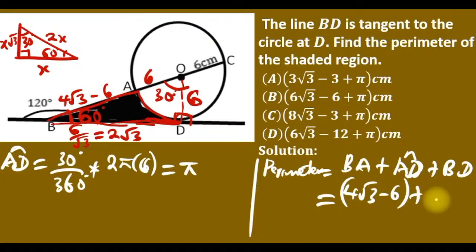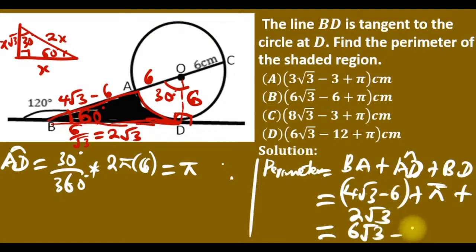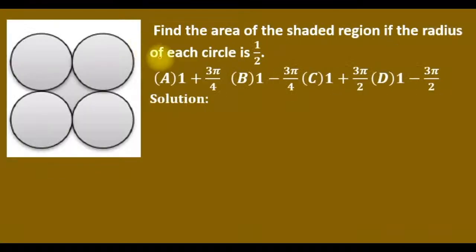Arc AD is pi. Finally, BD is 2 root 3. 4 root 3 plus 2 root 3 is 6 root 3 minus 6 plus pi. So that's the answer. So the answer is option B.